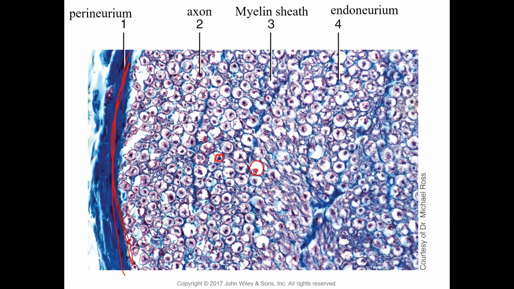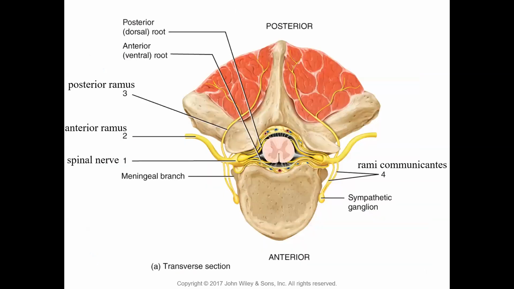Now, the important thing I need you to keep in mind is learning to identify the difference between the anterior-posterior roots that we saw in the previous chapter versus the anterior-posterior rami.